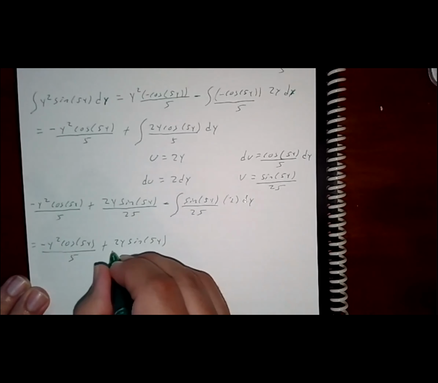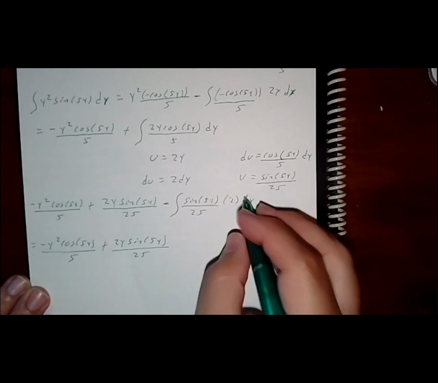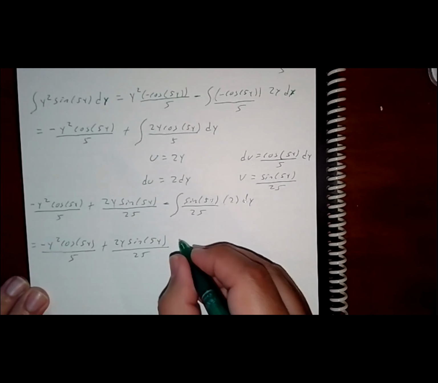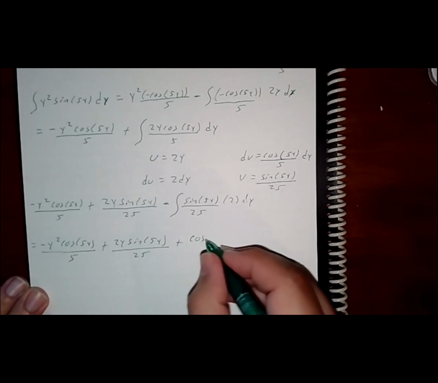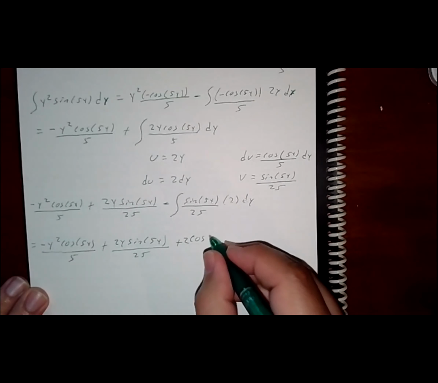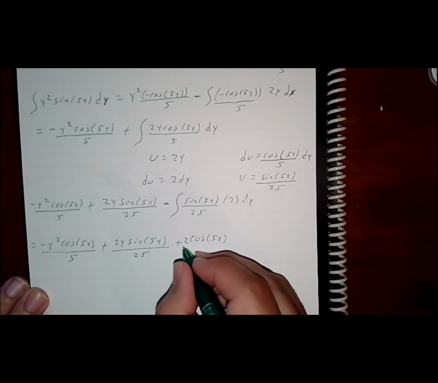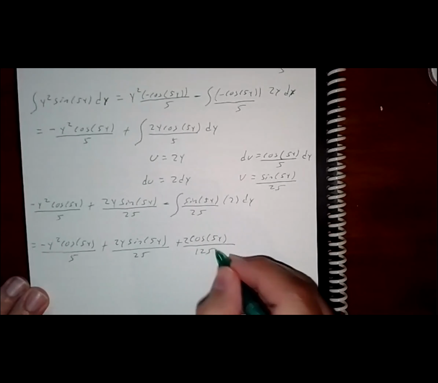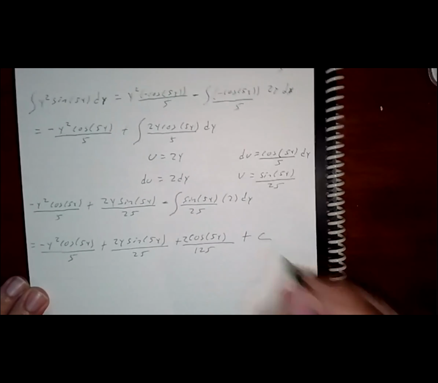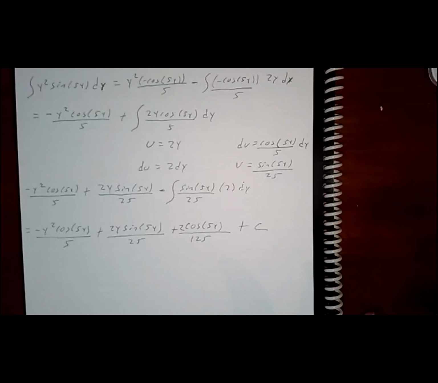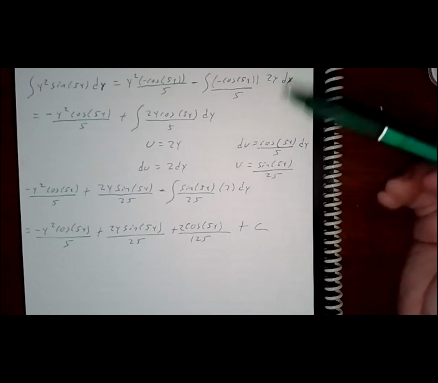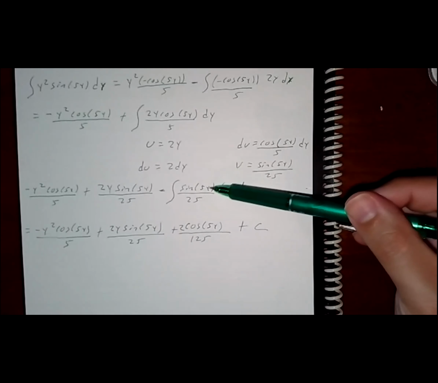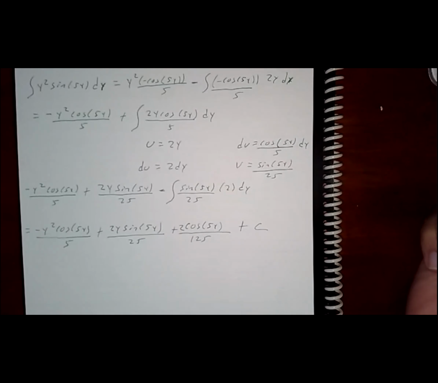So this will become positive cosine of 5y over, what's 5 times 25, right? 125. Plus C. So we had to do by parts two times and some trig integrals.